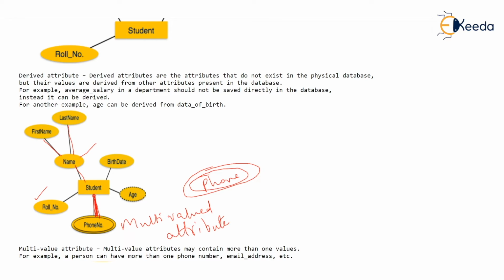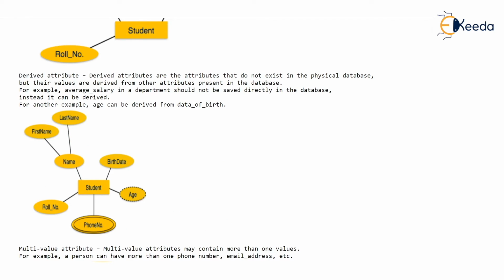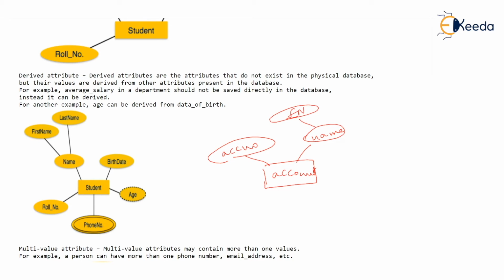So when you are given an ER diagram using these symbols, you can make out a lot of things, isn't it? Just as an example, suppose I show something like an account here, and then ACCNO, after that name, having first name, middle name, and last name.